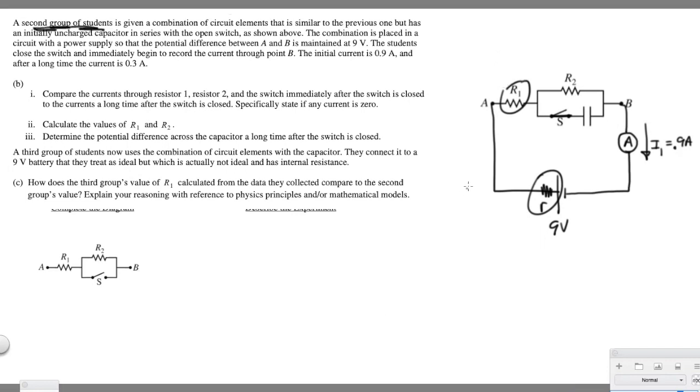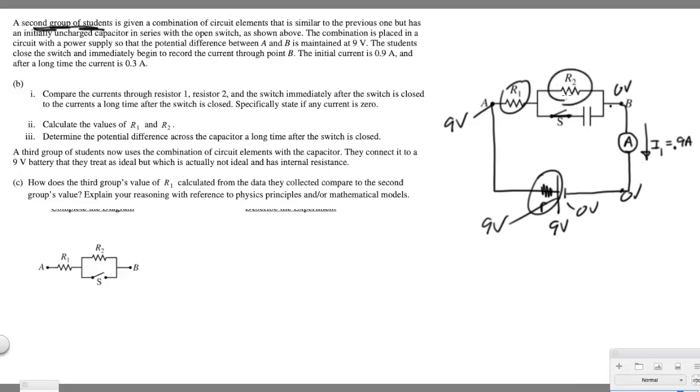Well, here's what we did when we calculated R1. We looked at the situation immediately after the switch closes. Immediately after the switch closes, we said the full voltage of the battery, right? 9-volt battery, that basically means 9 and 0. So we went around: 9 volts there, 0 volts there, 0 volts there, no charge on the capacitor, so therefore no voltage.